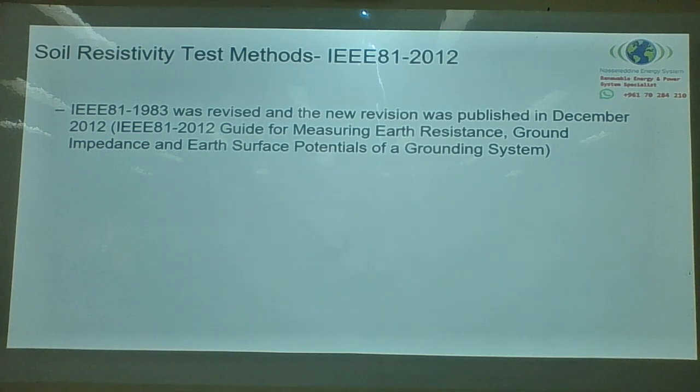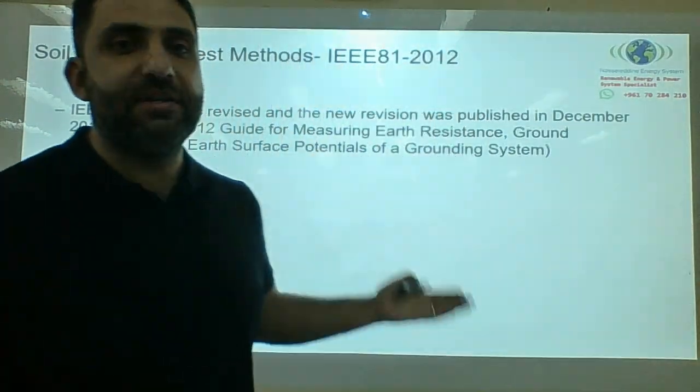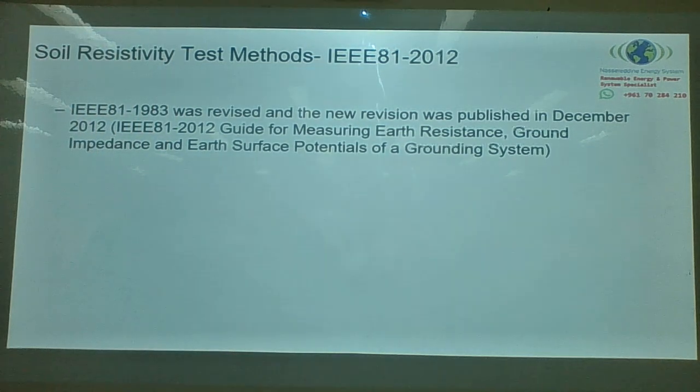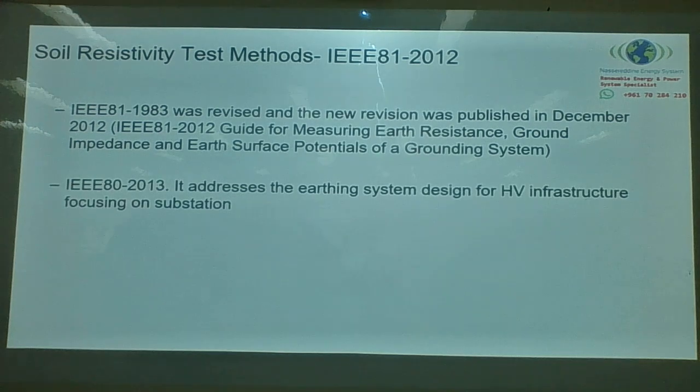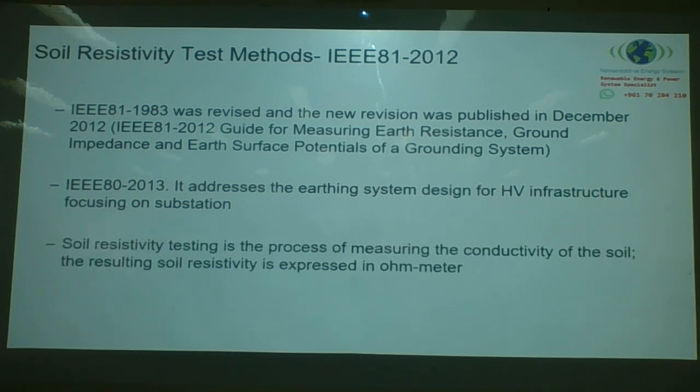Now, today we are going to talk about the IEEE 81 standard, which is regarding soil resistivity. There is also IEEE 80 that uses the soil structure from IEEE 81 and then deploys it for the earthing system.